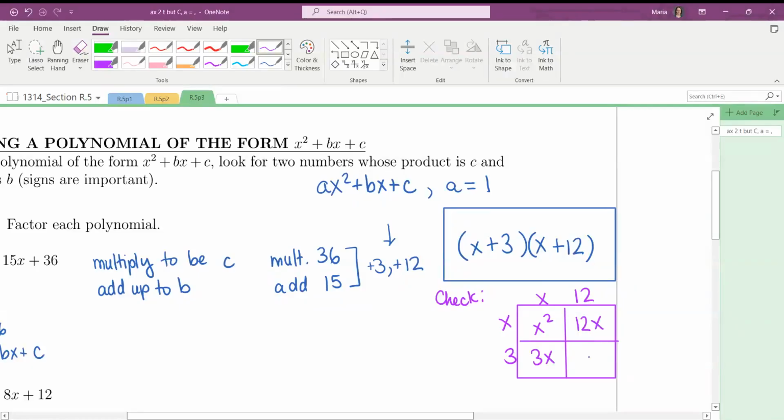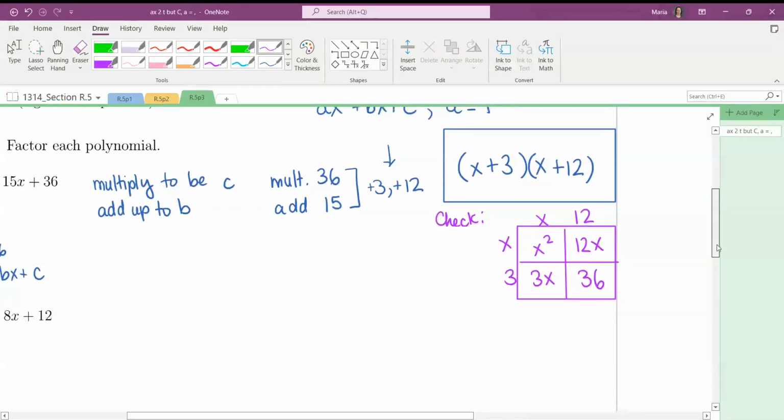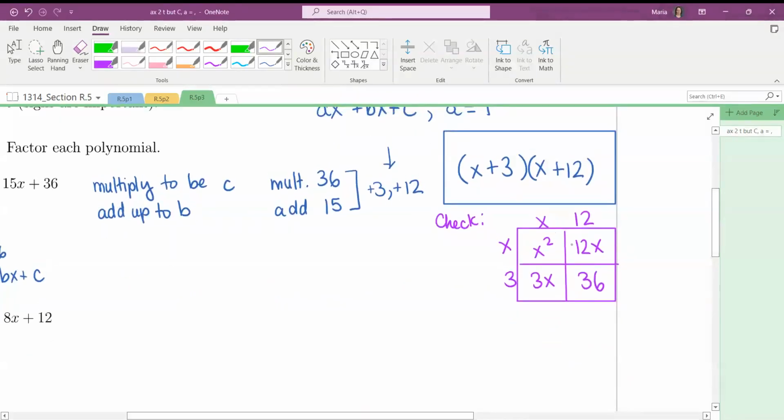And then 3 times 12 is 36. So when we multiply this out, x plus 3 times x plus 12, it's going to produce these 4 terms in the box. That's going to give us x squared plus 12x plus 3x plus 36.